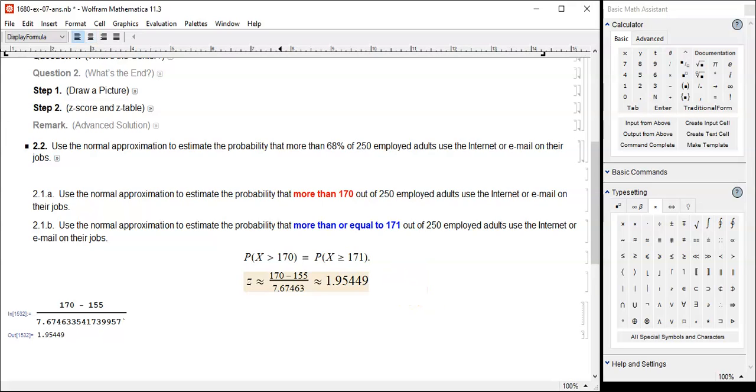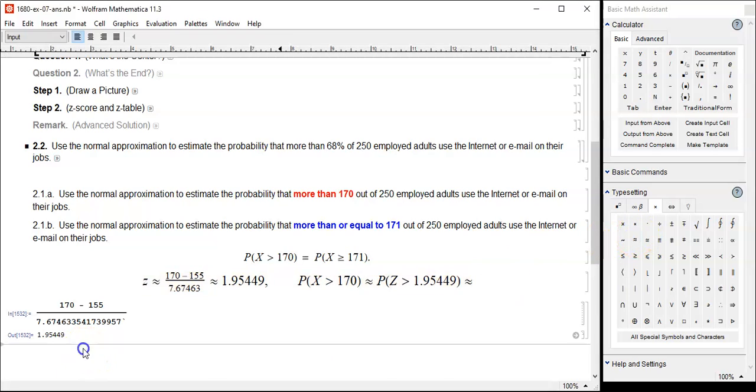And then that means the probability of x greater than 170 can be approximated by the probability of the z-score being greater than 1.95, something like that. And that can be calculated, let's see.